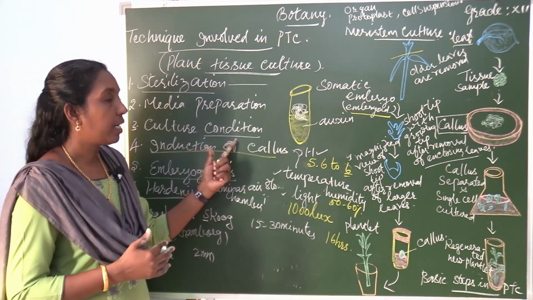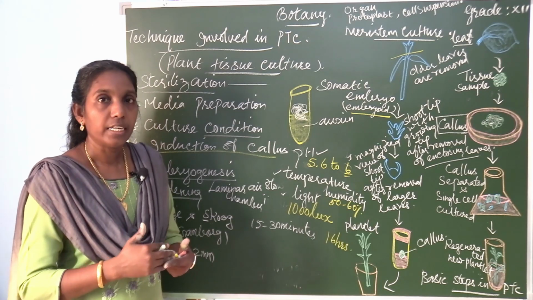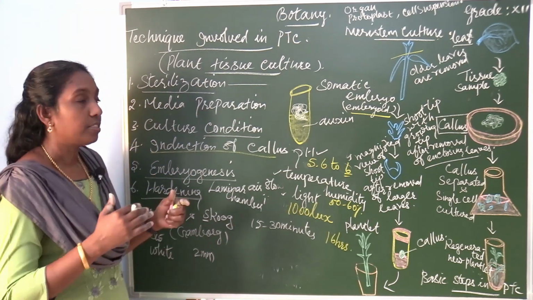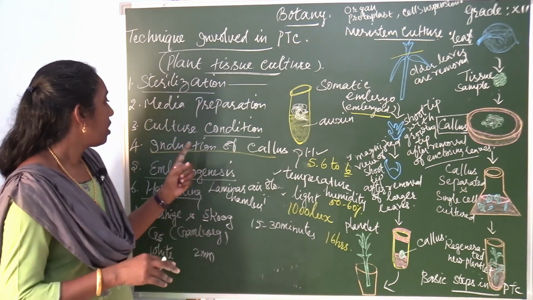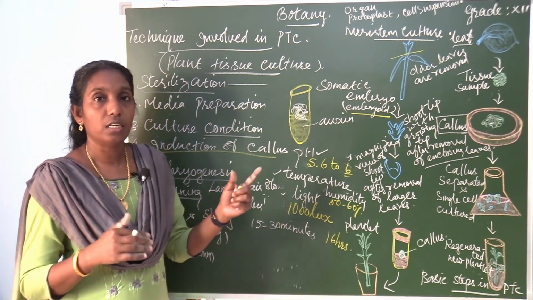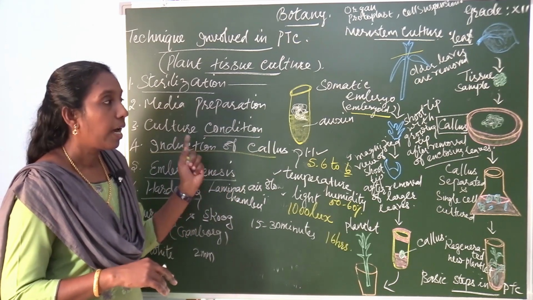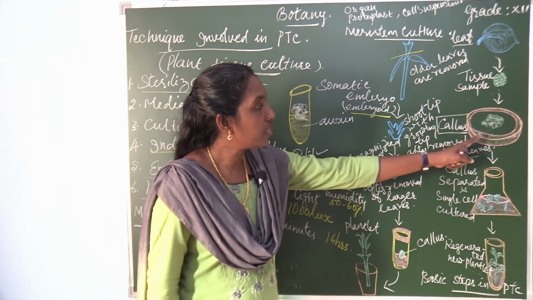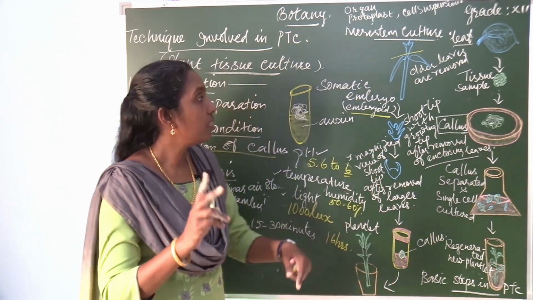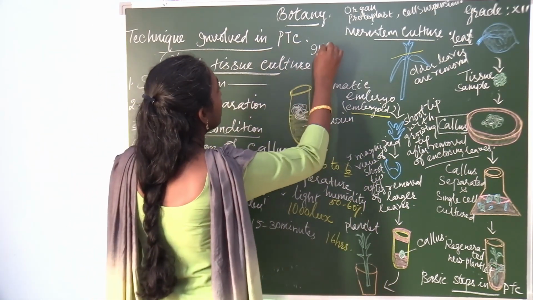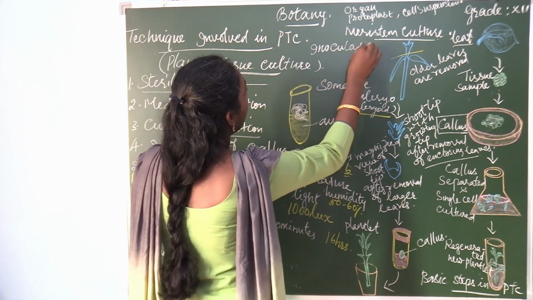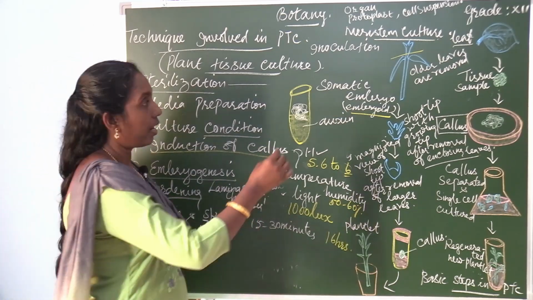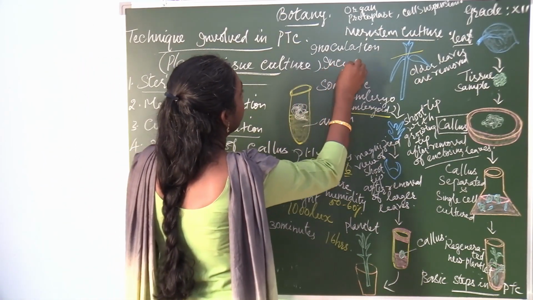And the culture conditions, pH, temperature, light intensity and everything must be optimum. And induction, so allowed to produce induction. Then inoculation, which is the transfer of the explant. Incubation, these two words are important. One is inoculation, another one is incubation.